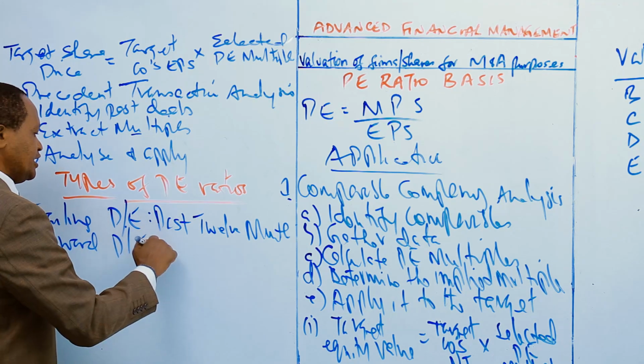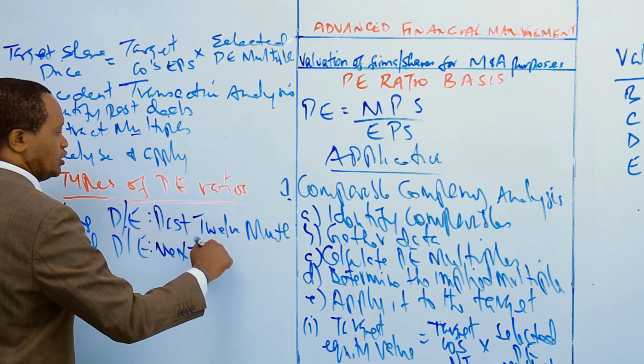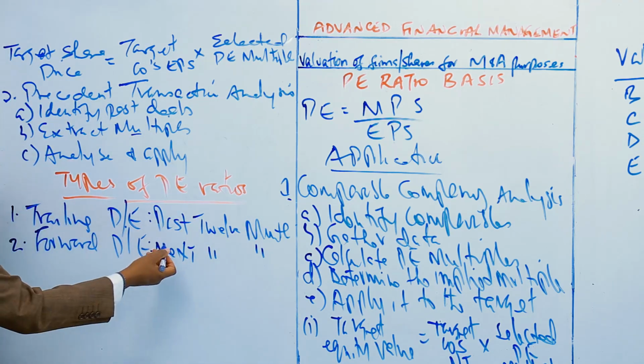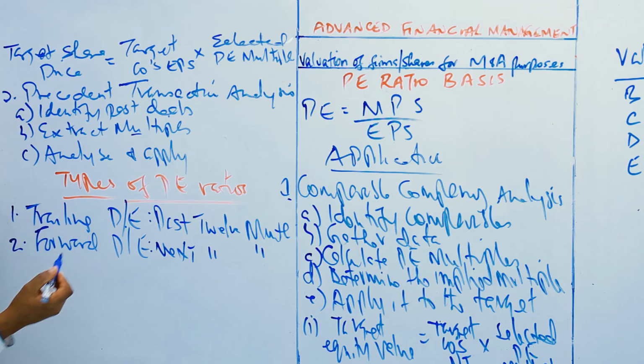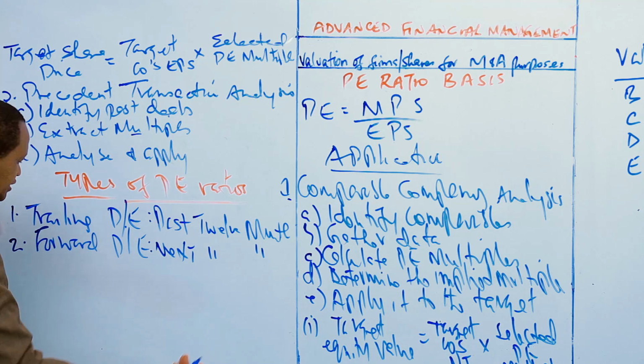These are forecasts of an analyst. This is next 12 months. The trailing one is past 12 months. The second one is the next 12 months, and this is forward-looking. It captures expected growth, but it relies on subjective estimates, which can be inaccurate.